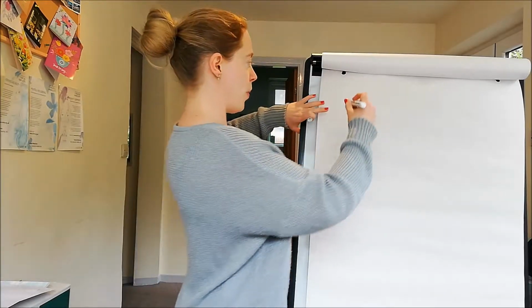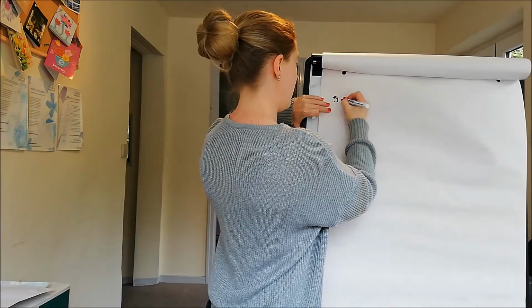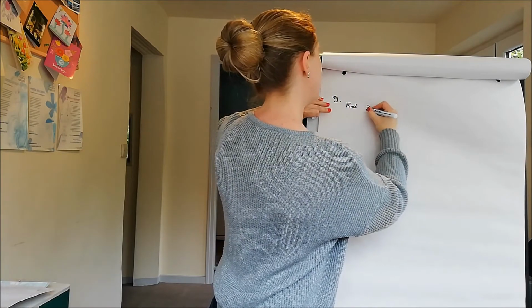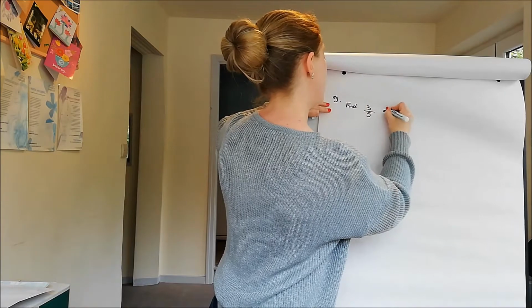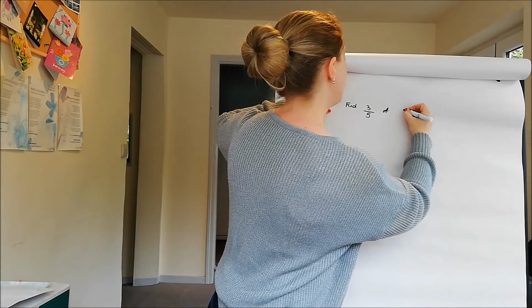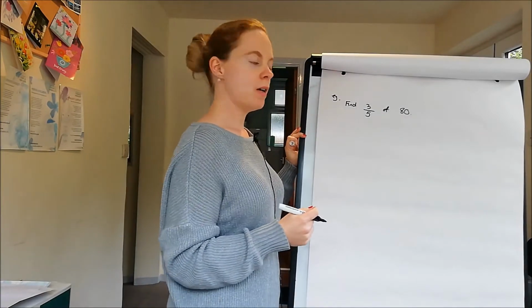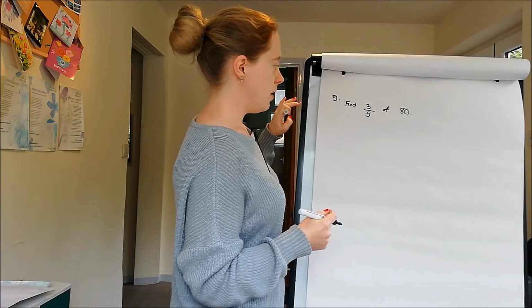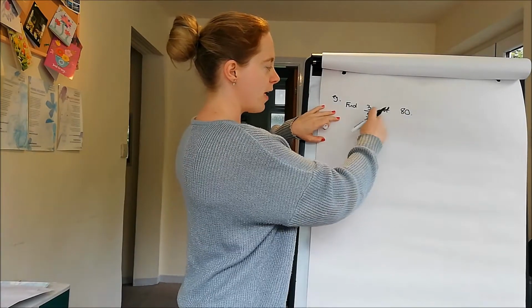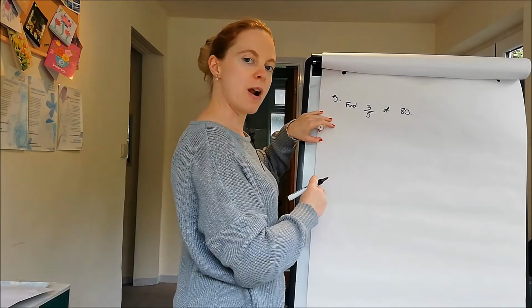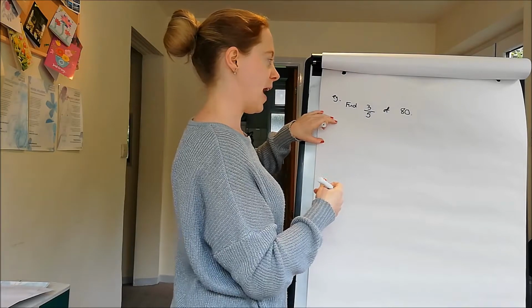So if you now put e.g. find 3/5 of 80. Now, if I find 1/5 of 80 and then times that by 3, that'll give me the 3/5 that I need.